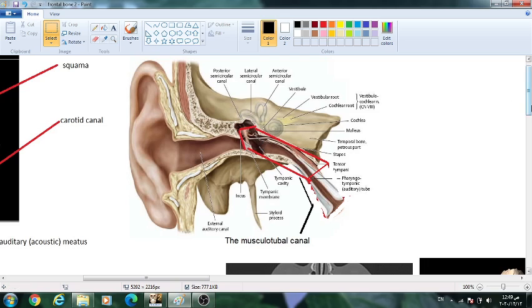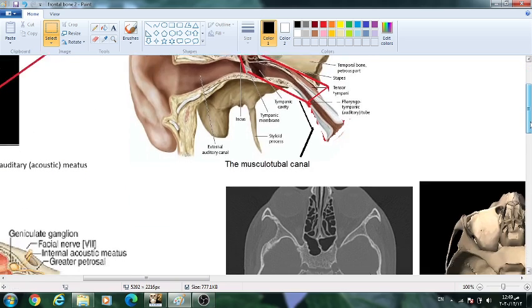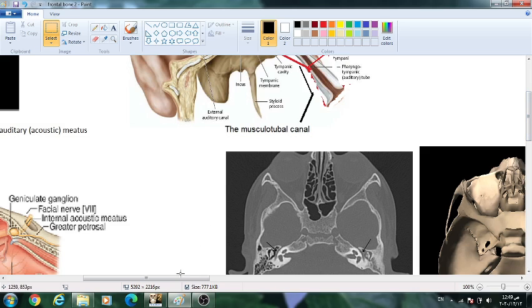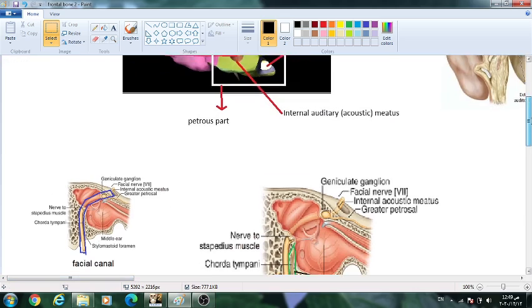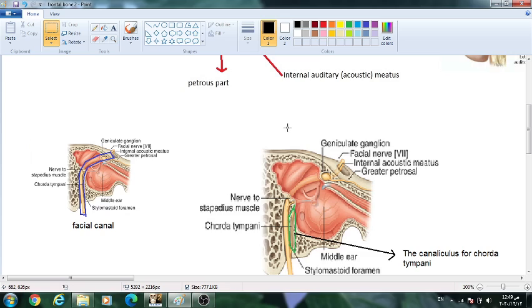And then we have also the third main canal, the facial canal, where the facial nerve passes. I think it starts at the internal acoustic meatus and ends in the stylomastoid foramen. As you see, it's here where the part of the facial nerve passes through it.